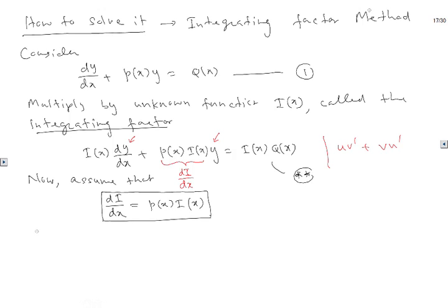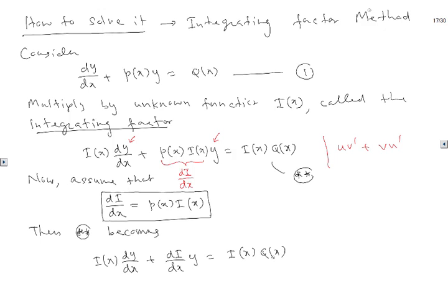Then equation double star becomes I(x) dy over dx plus dI over dx times y equals I(x) q(x), because we assumed that that's the case.